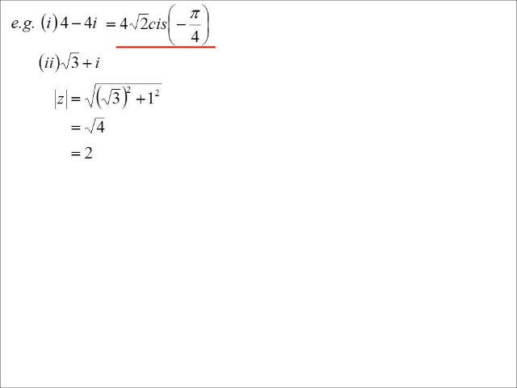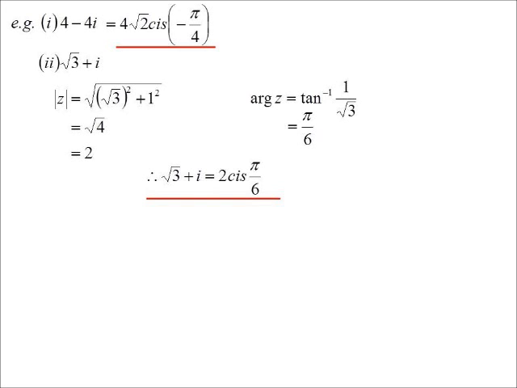We get 2. And we get its argument, and that one turns out to be pi on 6. I knew that was in the first quadrant because they're both positive, so I didn't worry about drawing a diagram for that one. I knew it's an acute angle. So pi on 6, 30 degrees. So 2 cis pi on 6, or 2 cos pi on 6 plus i sine pi on 6.